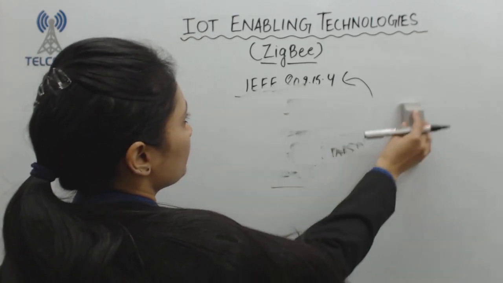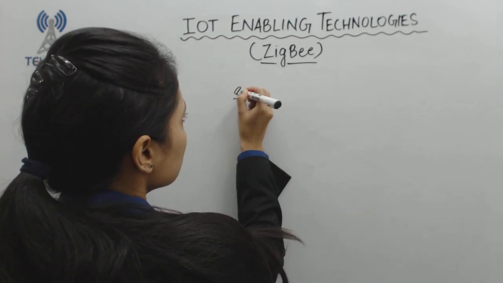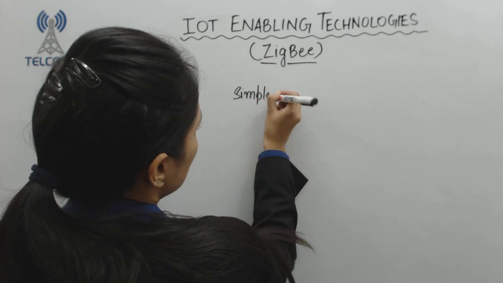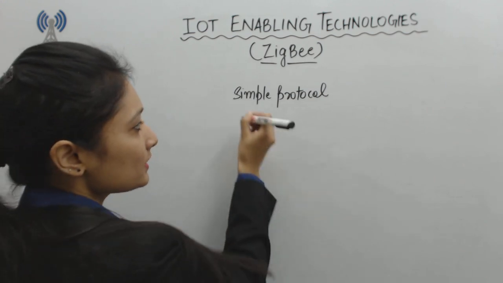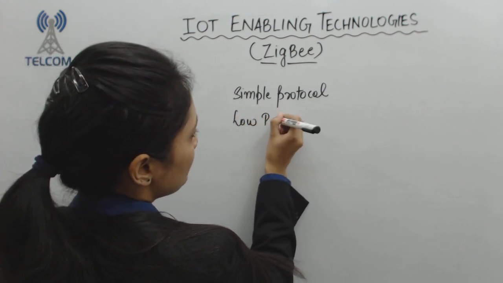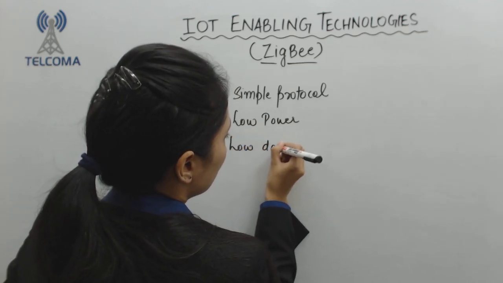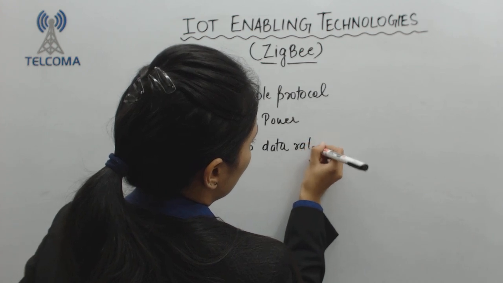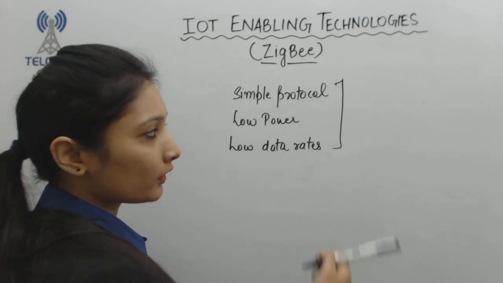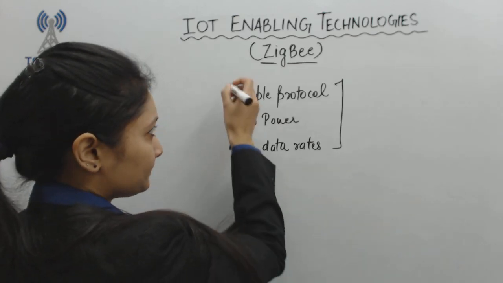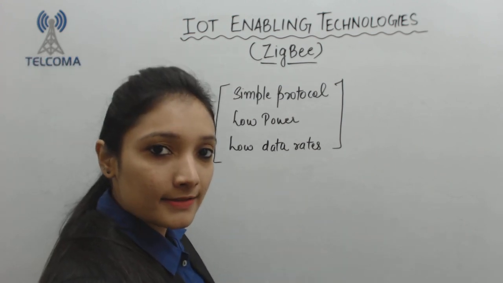So your Zigbee here is a simple protocol based technology which utilizes low power, low data rates, and uses the digital radio for the transmission, or we can say that enables a simple communication between various wireless sensor nodes here.